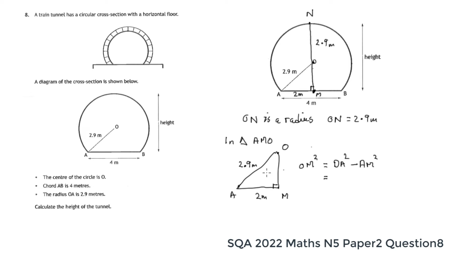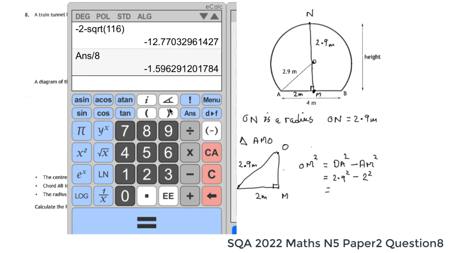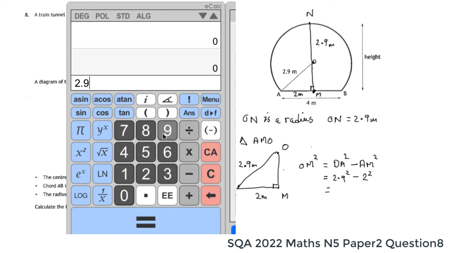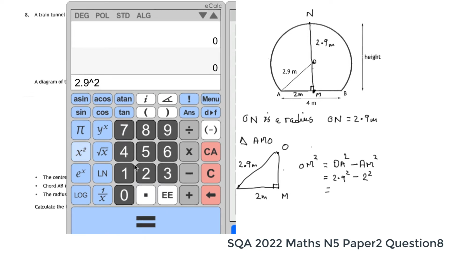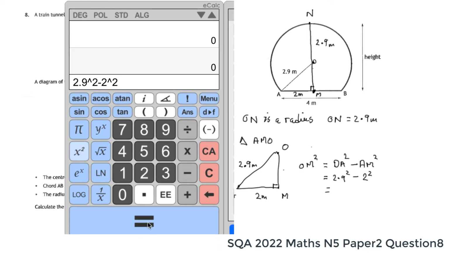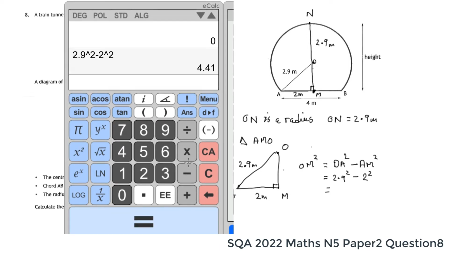Now OA squared, that's 2.9 squared. AM, that's 2 squared. And we can work this out. We need to get our calculator onto it. 2.9 squared, and we're subtracting 2 squared. And that comes to 4.41.